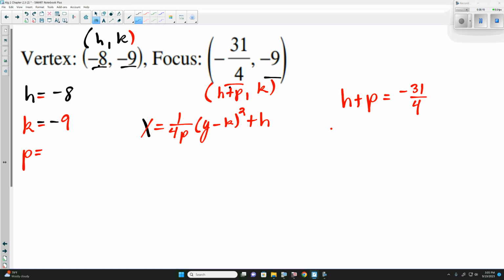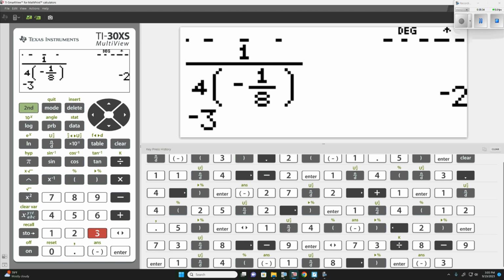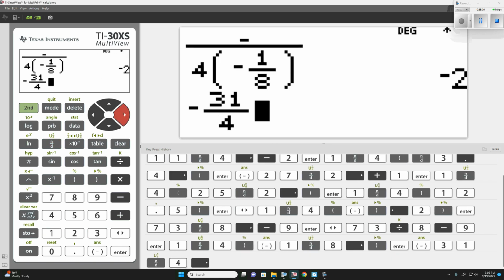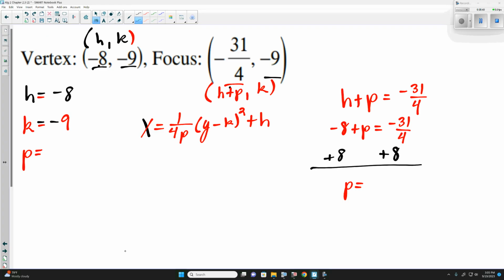Now, the h value in our case is -8. To get p by itself, we're going to add 8 to both sides. So -31 over 4 plus 8 is, so the value of p is 1 over 4.